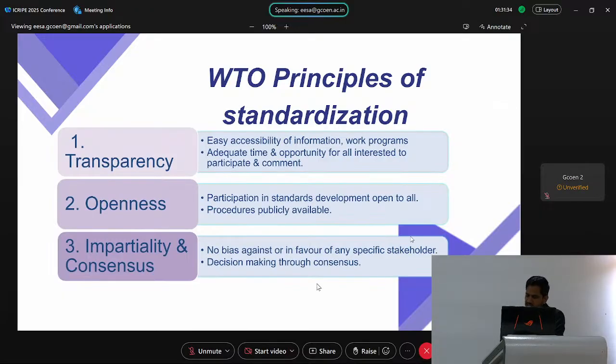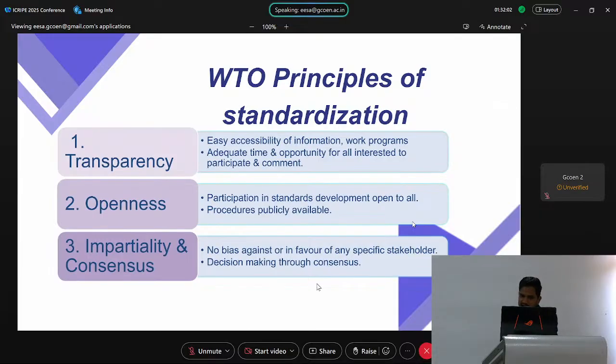Effectiveness and relevance: current industrial practices are always taken into consideration in formulation of the standards. Coherence: we take input from our national standard body, that is BIS, and standard development organizations, and harmoniously we develop standards so that inputs from other development organizations are also taken.